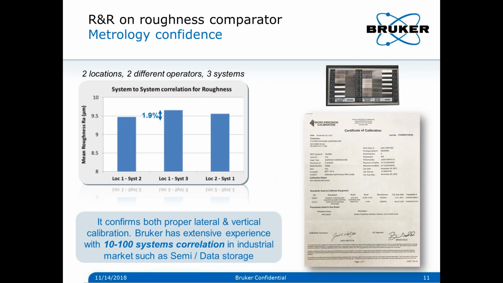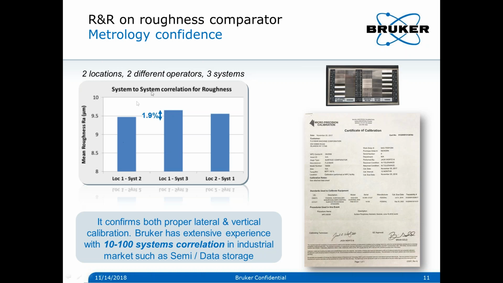Last but not least, whenever the system is involved in QA and QC, it could be several systems checking different parts or different factory sites having the same process to control. In that case, tool-to-tool matching is really critical.